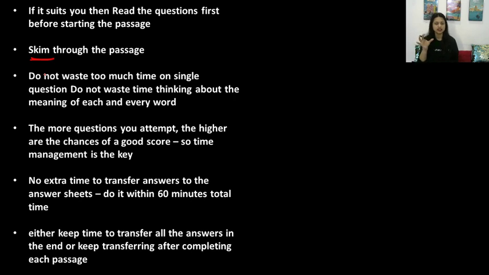Reading the topic sentence and the concluding sentence of each paragraph will help you match it correctly with the heading. So some techniques are of course very important, but what is most important? Reading carefully. If you're reading carefully, you will understand everything and you'll automatically get a better score in the reading examination.